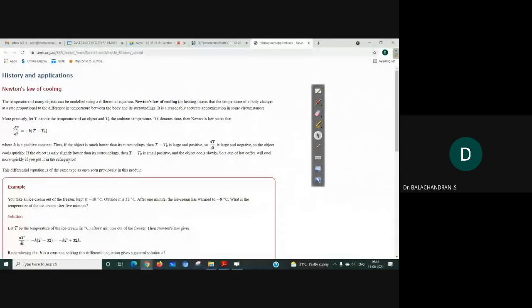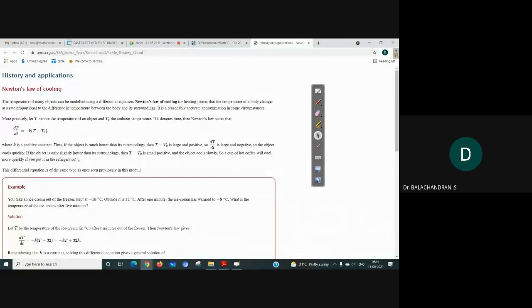If the object is only slightly hotter than its surroundings, then T minus T naught is small and positive, and the object cools slowly. For example, a cup of hot coffee will cool more quickly if you put it in the refrigerator.